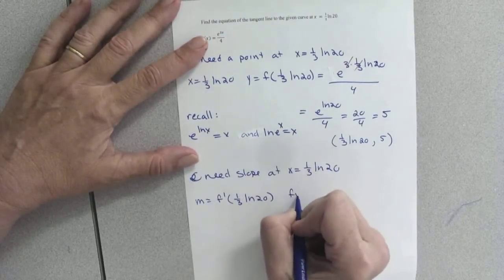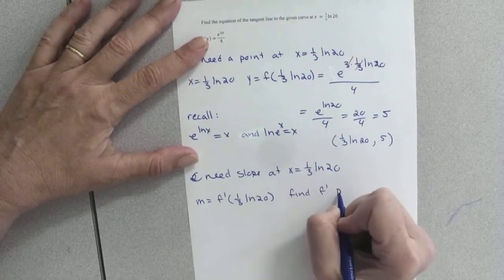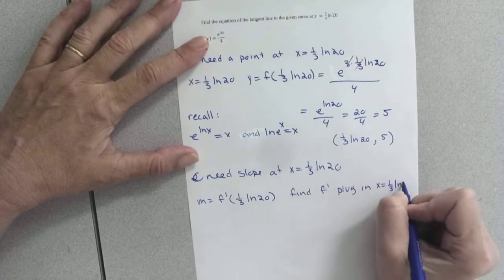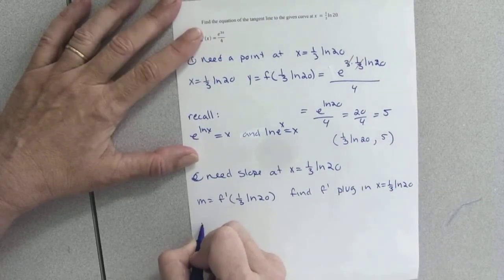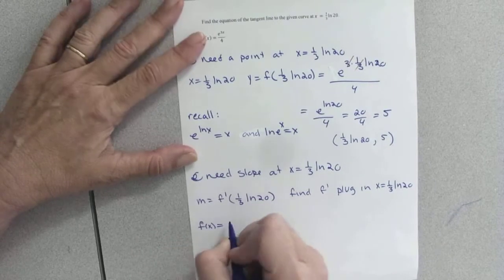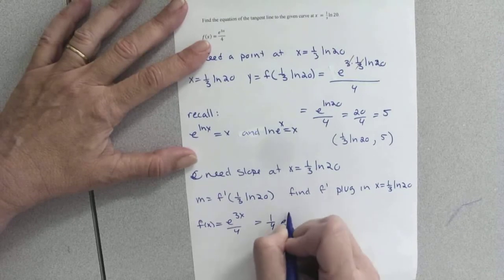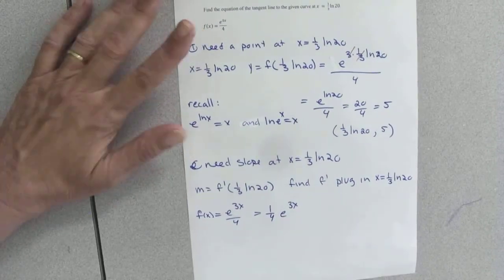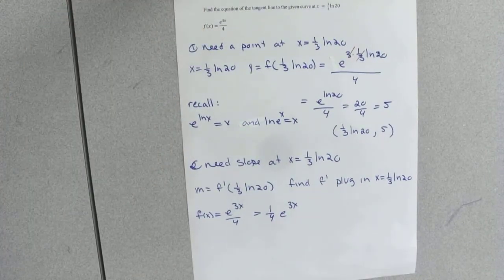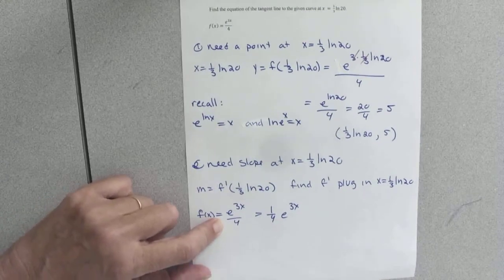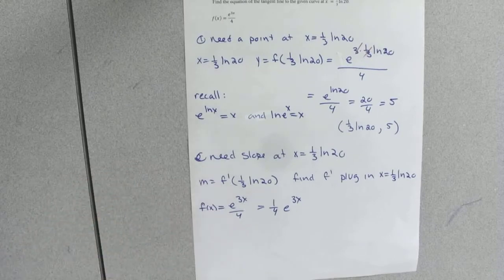So I got to find f prime, and plug in x equal 1/3 natural log of 20. Just recalling up here, f of x is e to the 3x over 4. We're going to make our lives as easy as they can be. That's 1/4 e to the 3x. I have so many people that will do a quotient rule on this, which isn't wrong, but it's so much harder than it needs to be. Just bring that 4 out as a 1/4.